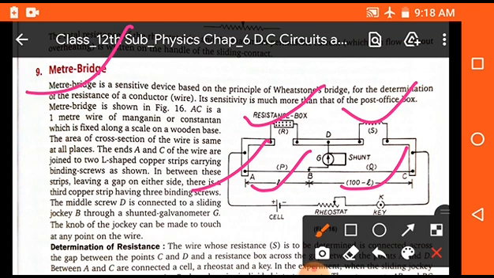If P is the resistance of length l and Q for 100 minus l, and there are two resistances R and S. So in the four resistances there is an unknown resistance which can be easily found with the help of a meter bridge. But we will apply here the principle of the Wheatstone bridge.